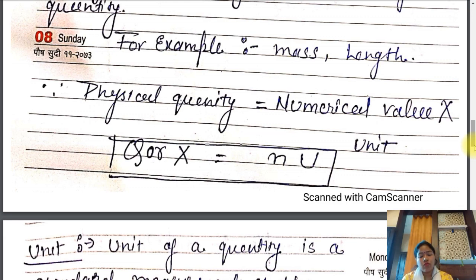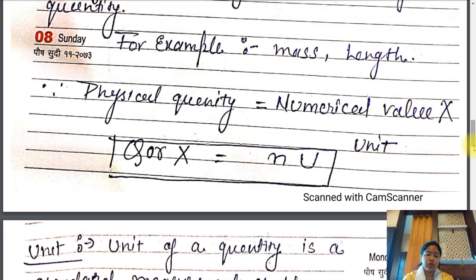Done? So what physical quantity are we expressing? Mass. That means in place of x we have mass equals to n. Suppose, for example, we have 20 kg. So 20 is the numerical value of the quantity into kg.